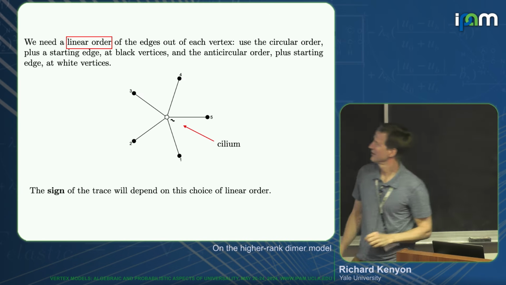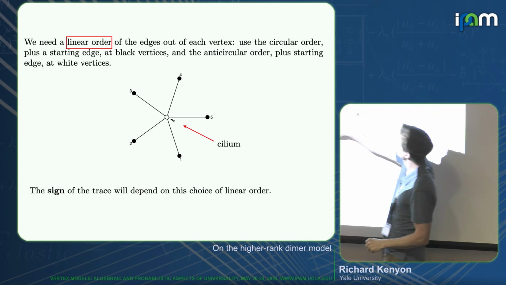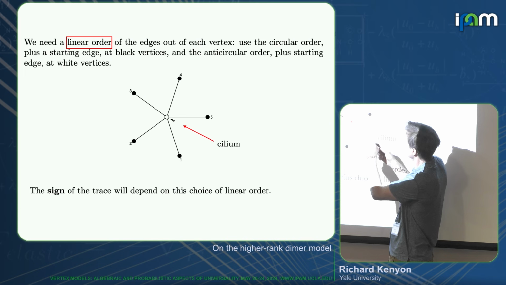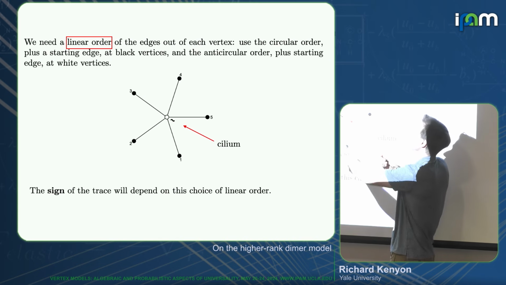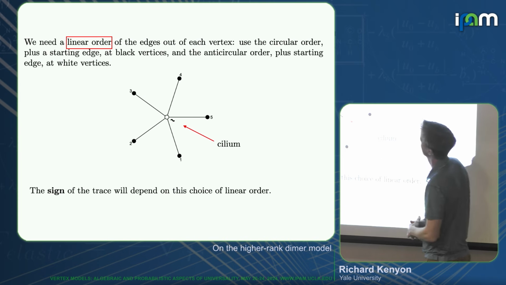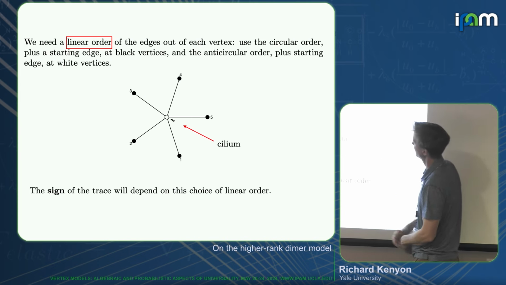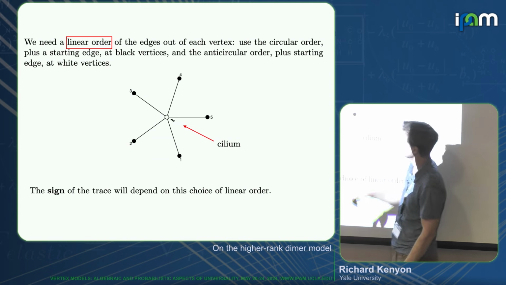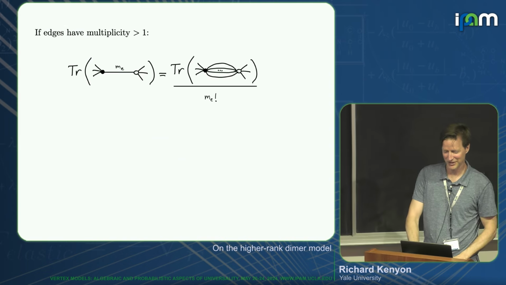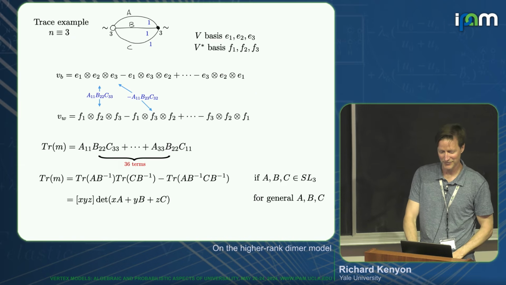That little symbol is called a cilium, and it tells you where to start. You need a total order for the edges around the vertex, not just a circular order, a linear order. So that's the role of the cilium, it tells you where to start your order. That's not a big deal. I shouldn't have even mentioned it, but people might get upset.